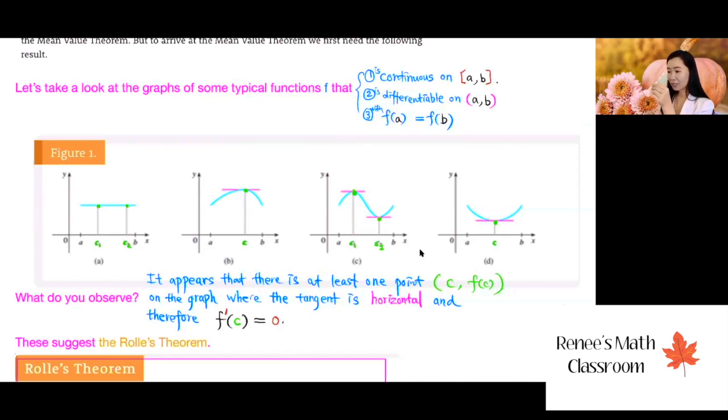Now you tilt this base at a certain angle, so it's not horizontal. Then the tangent line is still parallel to the secant line, but now the slope of this tangent line is going to be equal to the slope of the secant line.